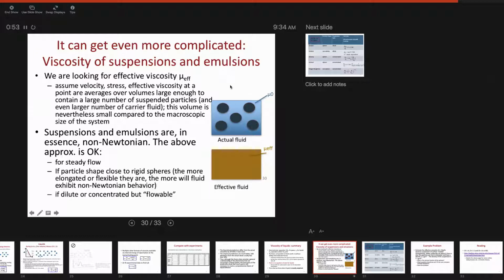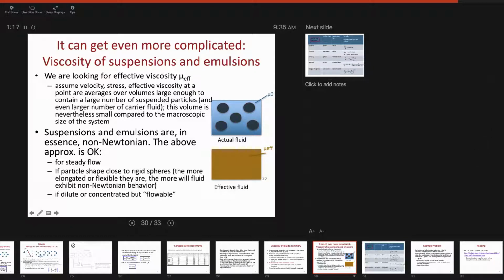So we're often looking for this effective viscosity, assuming that we have essentially a situation from Newton's law. And even though I know that my actual fluid is this sort of heterogeneous mixture, I assume that it's kind of an effective fluid with constant properties and it has some effective viscosity. Okay?